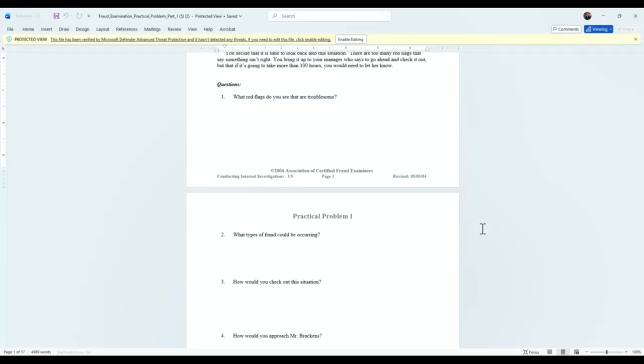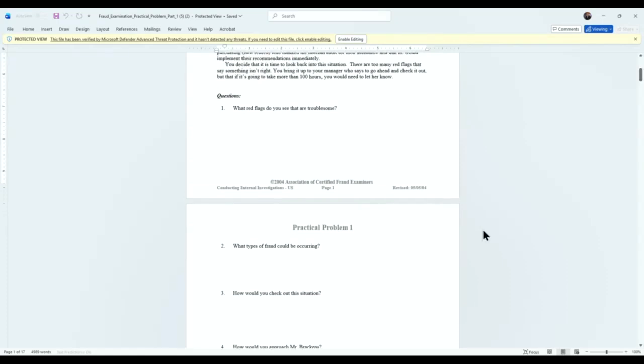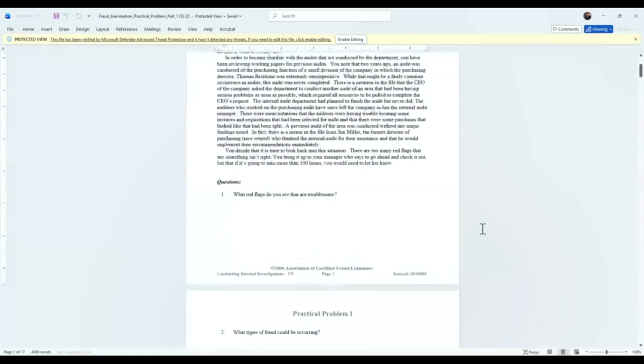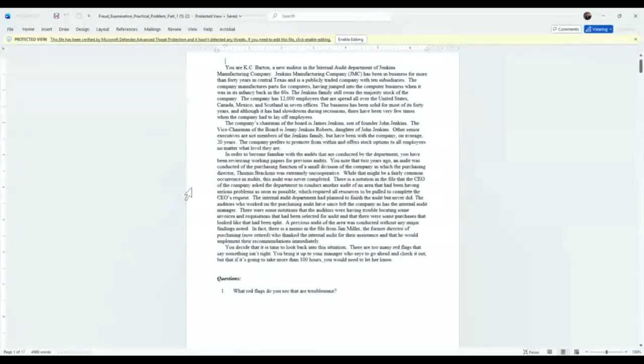However, the questions are useful in determining what topics you're going to address in that memo you're going to write. So yes, you are going to answer the questions, but don't do like question 1, what red flags do you see, and then put in your answer. No, instead, write your memo, start it off with that sort of opening.